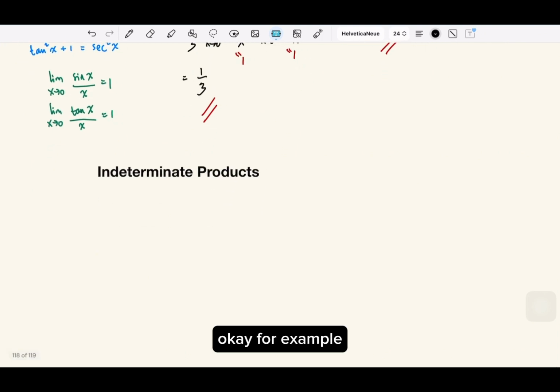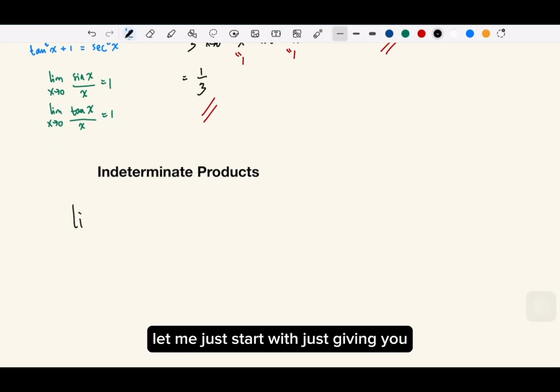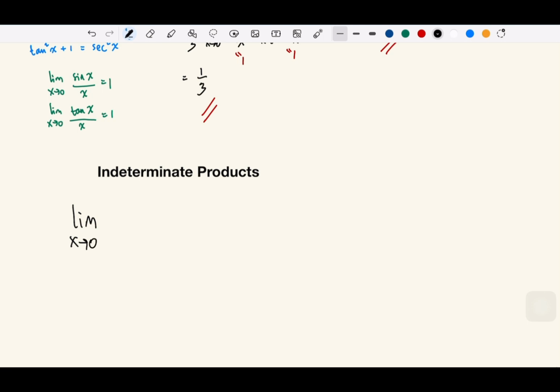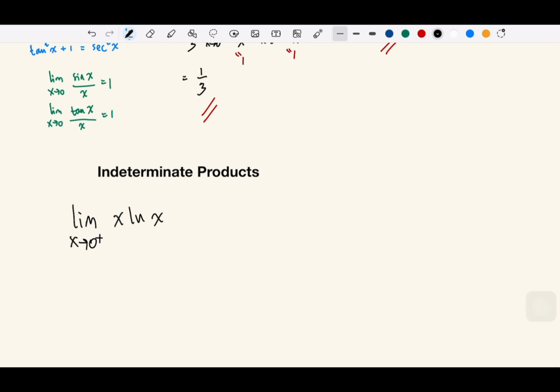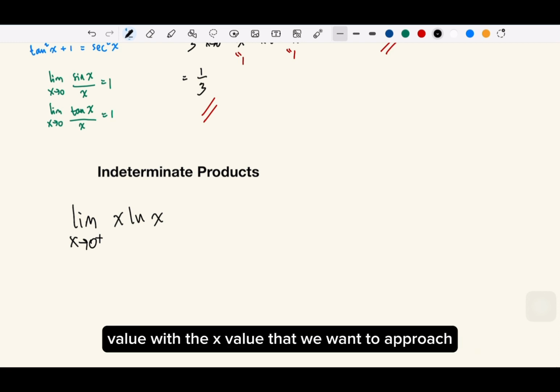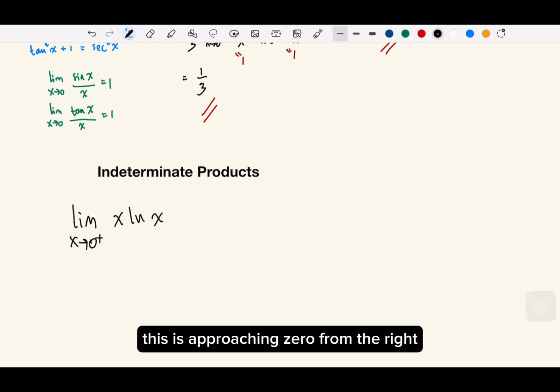For example, let me just start with x ln x. So we have this x ln x, in which if we look at the value that x approaches, this is approaching 0 from the right, since we have the ln x.